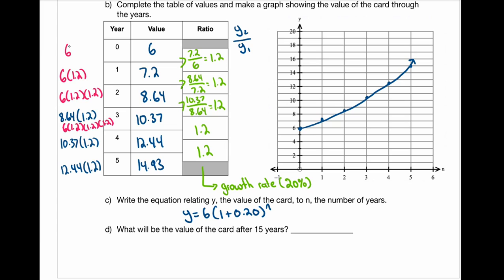So if I look back at everything in red, for every extra year that I'm looking at, I add on another multiplying by 1.2, which is what an exponent represents. So this is my equation for this relationship. And again, the 0.20 is the growth rate.